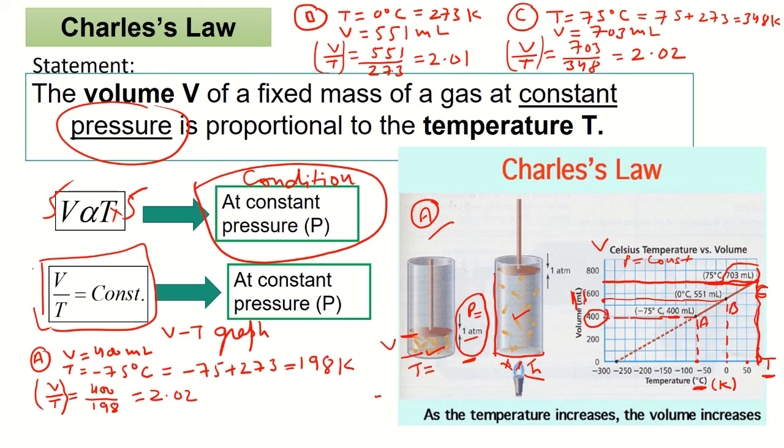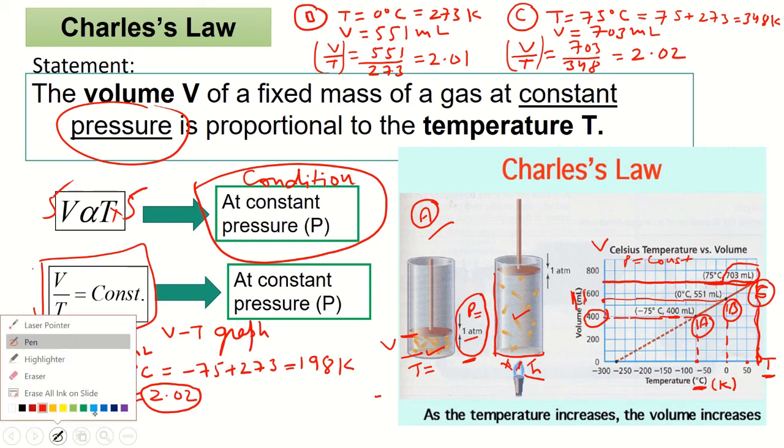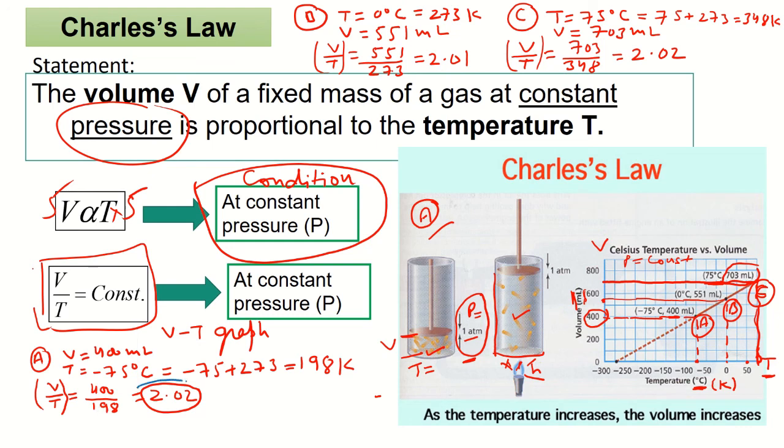So if we analyze point A, point B and point C, the ratio of the volume and the temperature, in the point A this value is coming 2.02, and for the point B the value is coming 2.01, and for the point C the value is coming 2.02.